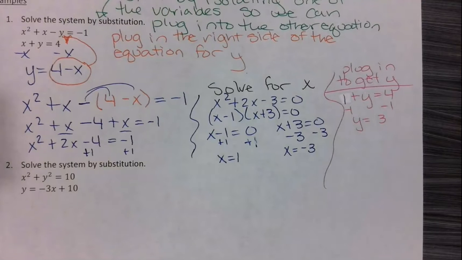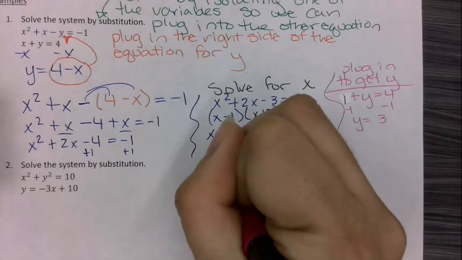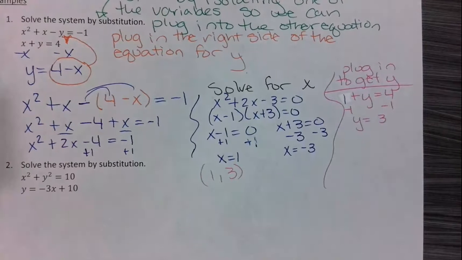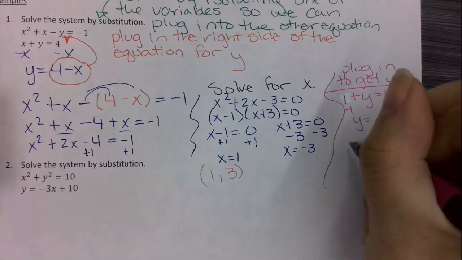So what I want to do is I want to write my answer as a coordinate pair. And it always goes in alphabetical order. So I'm going to have 1, 3 as one of my answers. And then I want to do the same thing for the negative 3 answer I had.